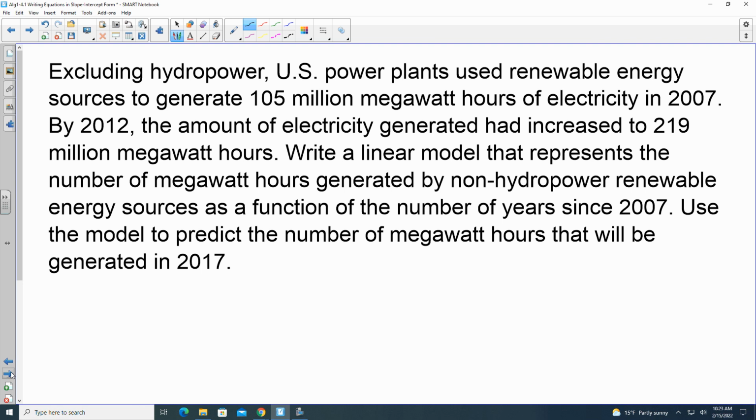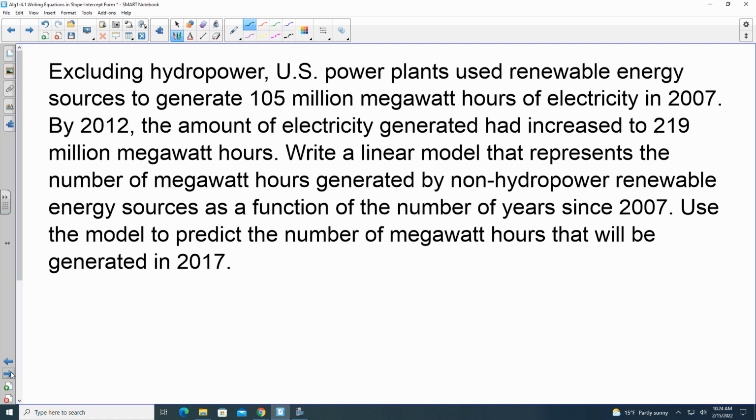Finally, here it says excluding hydropower, the U.S. power plants use renewable energy sources to generate 105 million megawatt hours of electricity in 2007. By 2012, the amount of electricity generated had increased to 219 million megawatt hours.